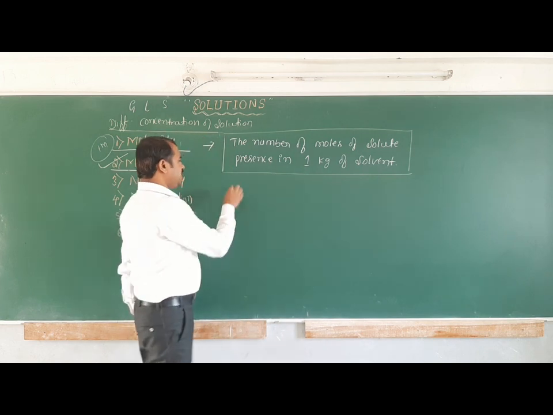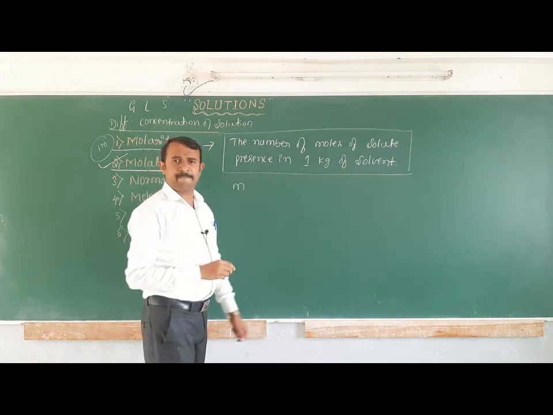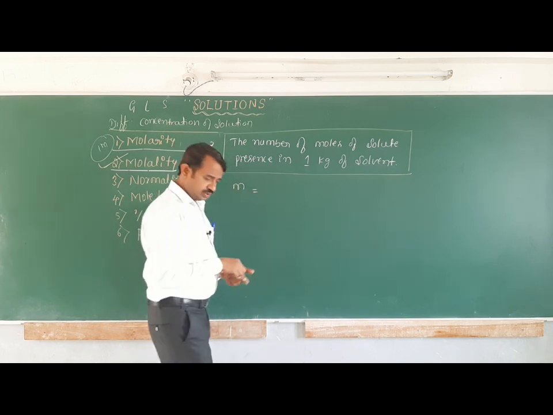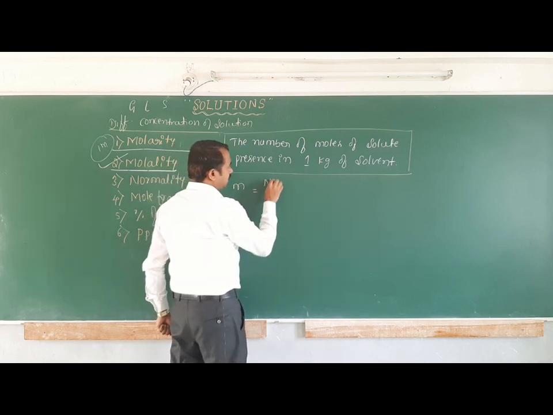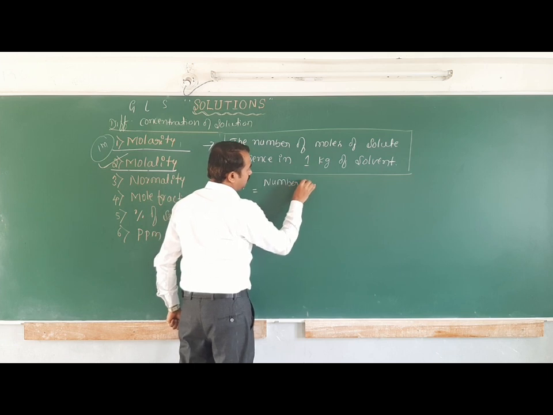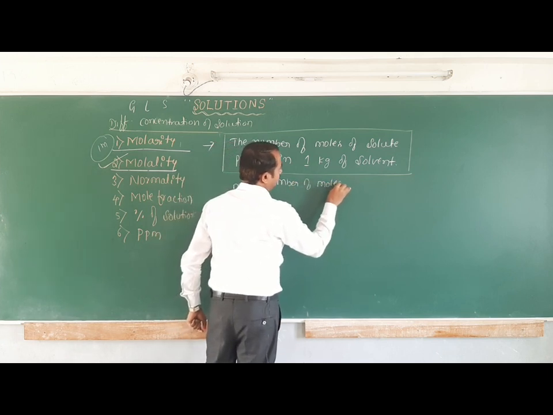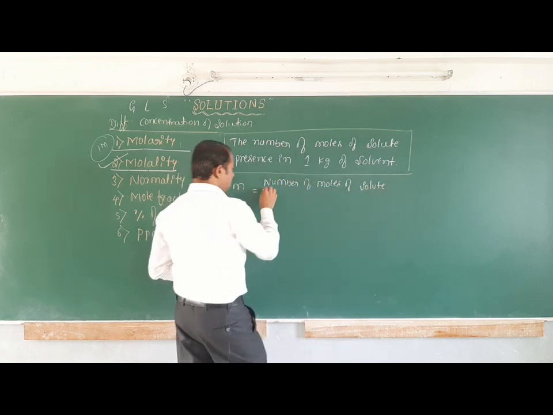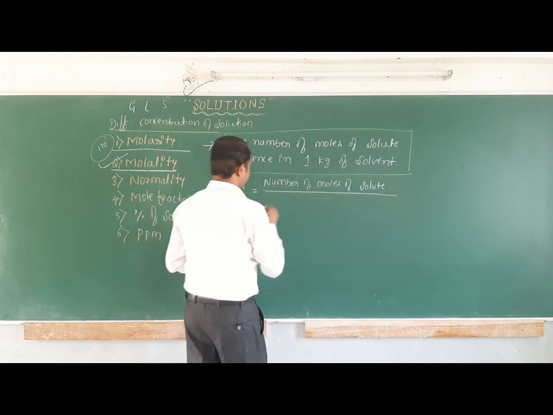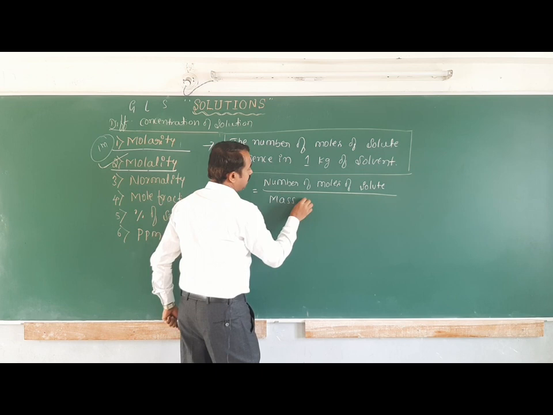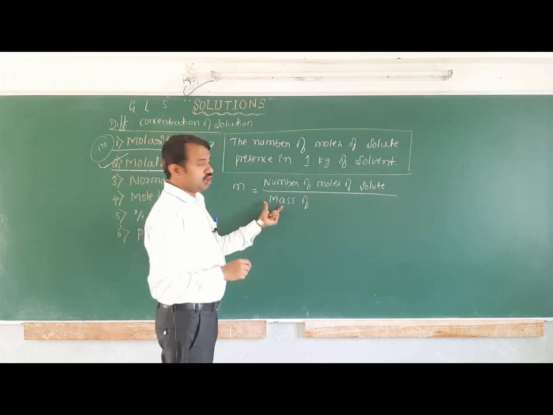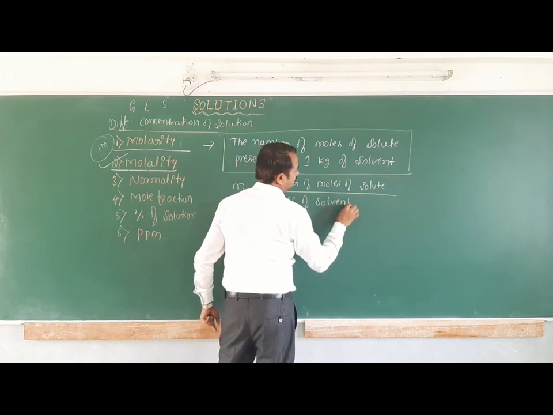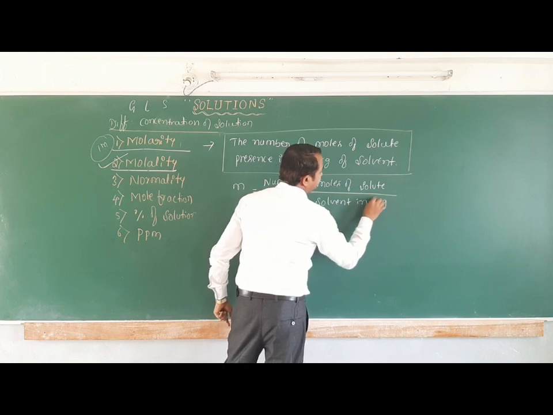Okay, the symbol is a small m. m equals the number of moles of solute divided by the mass of solvent in 1 kg.